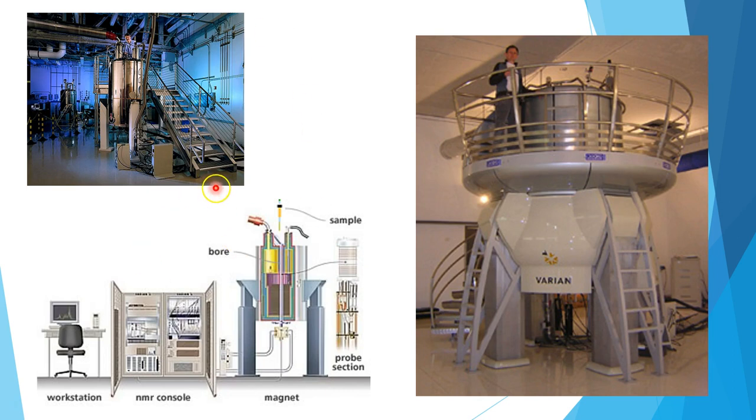But every NMR spectrometer will have a workstation, which is simply where a computer is, an NMR console, which is where your actual computer is, and a panel which tunes in the frequency which goes into the probe. Then the probe goes up through the machine and the sample sits down in here, and this is our magnet that sits on either side of it.